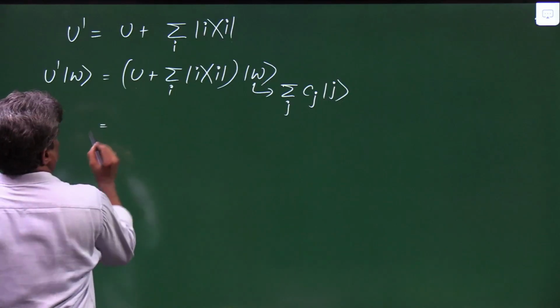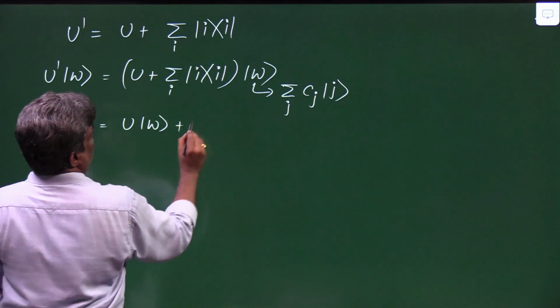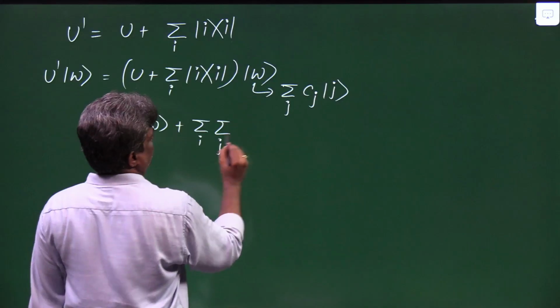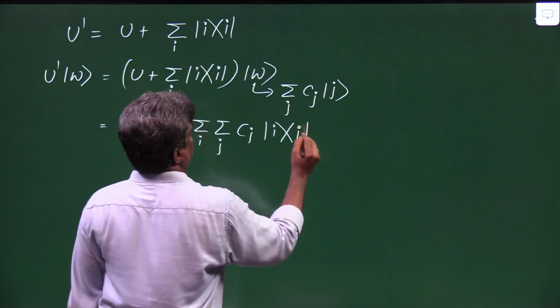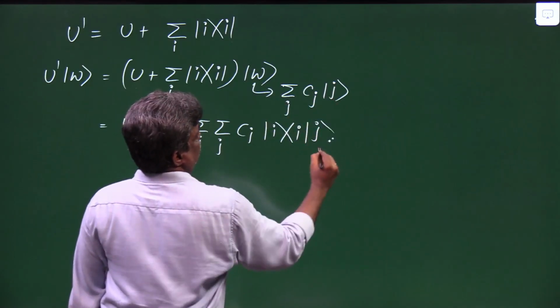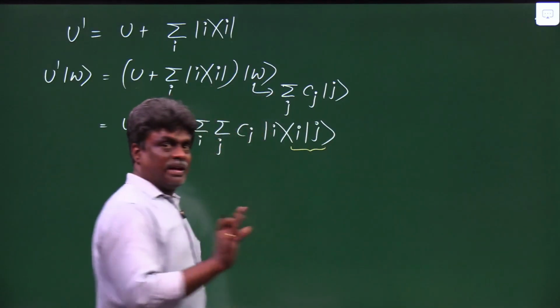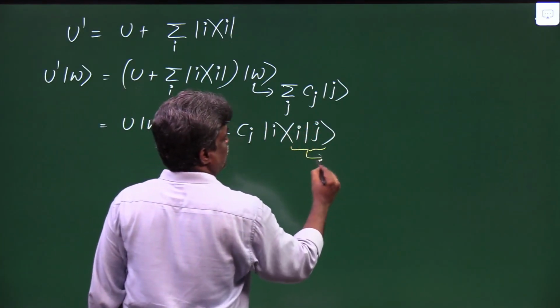If you observe carefully, we can split it as u w plus summation over i, summation over j, cj, |i><i|j>. Remember, this i and j are independent, so this inner product is definitely equal to 0.